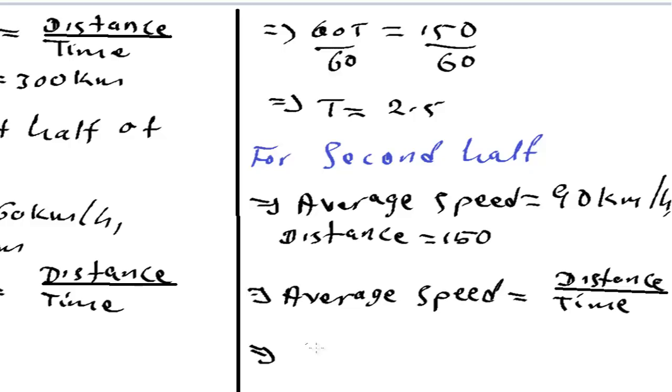Now this implies average speed, which is 90, equal to distance, which is 150, over time, which we can shorten to be T. So from here, we make T the subject. Thus we cross multiply, and that means 90 will multiply by T to get 90T equal to 150.